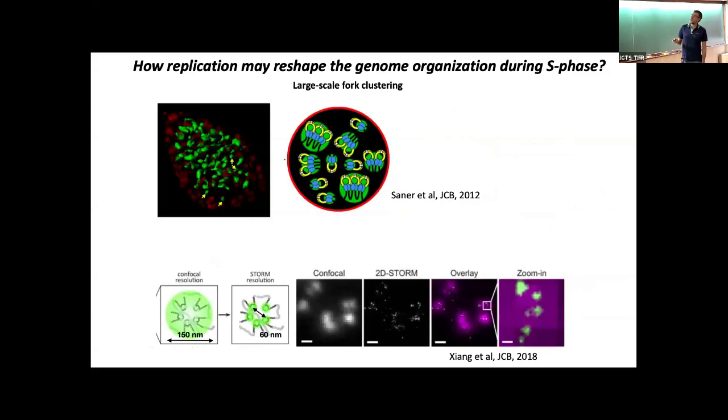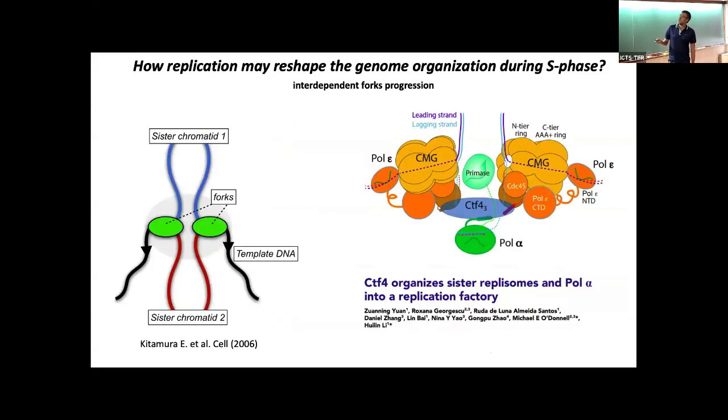So these are at the large scale. At a shorter scale, there is also evidence concerning sister forks. When you have an origin, you start a bubble of replication with replication in both directions; there are two forks, called sister forks, that go in opposite directions. There might be some evidence that these sister forks also colocalize in space and remain bound together.